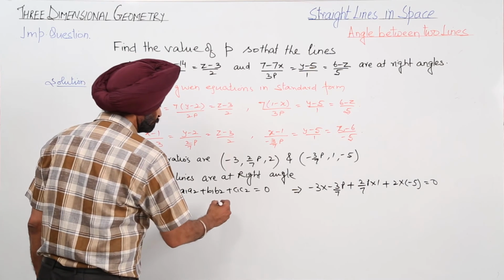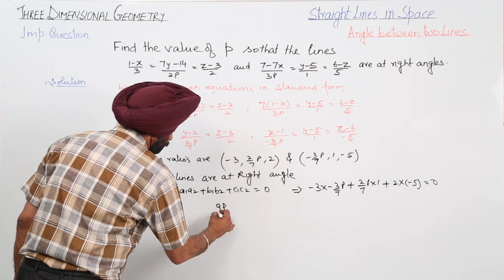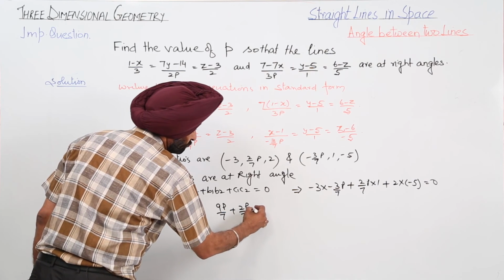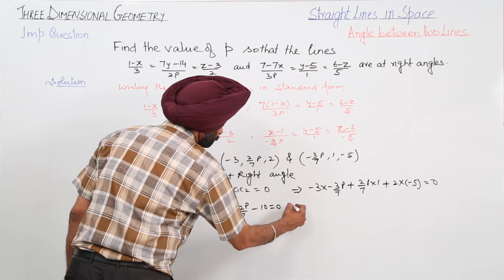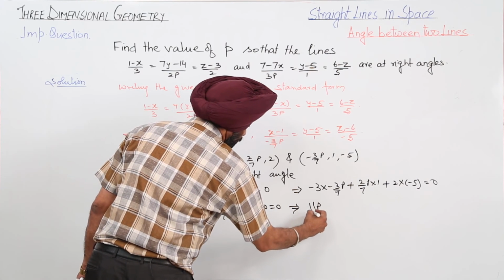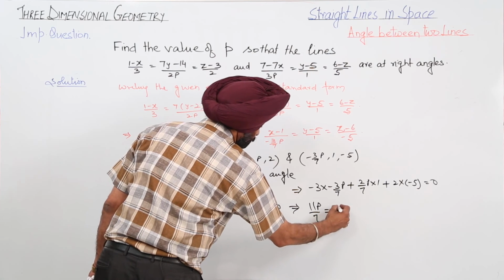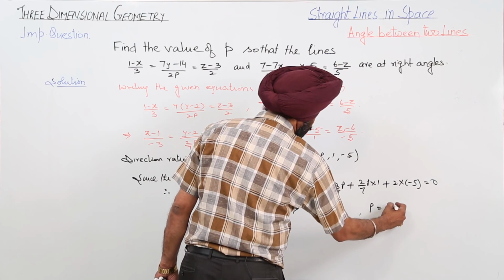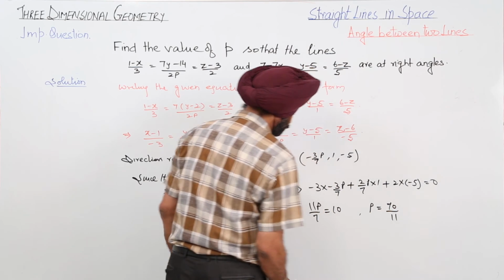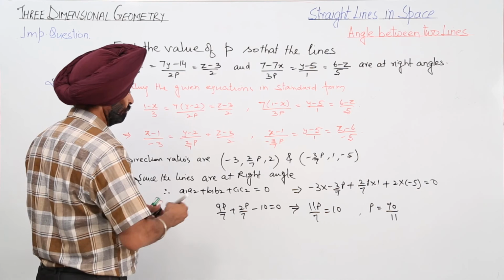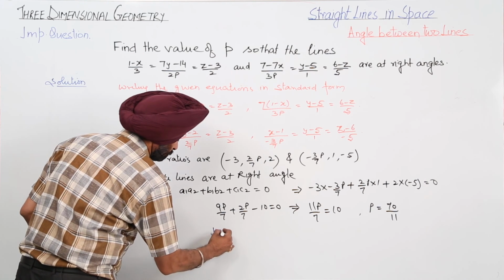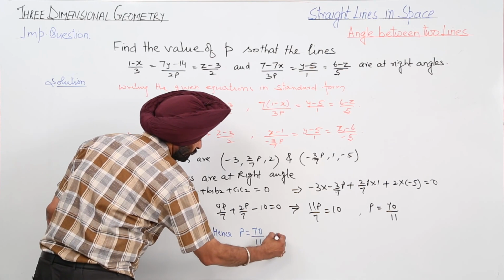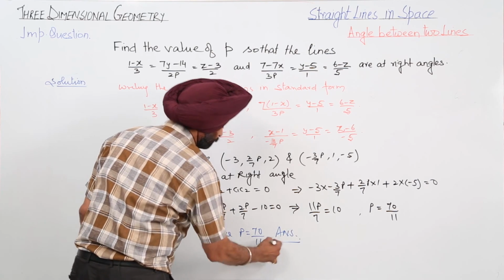Now 9p/7 plus 2p/7 minus 10 is equal to 0. 11p/7 is equal to 10. P is equal to 70/11. Hence P is equal to 70/11, and this is the value of P.